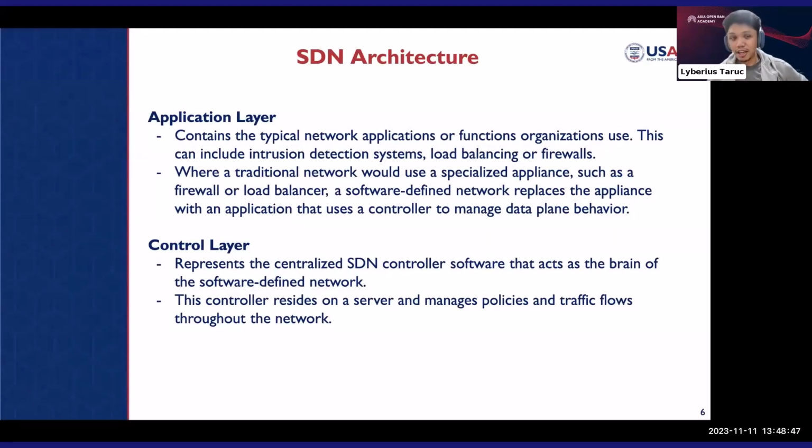So the application layer contains the typical network applications and services, examples of which are your load balancers, your firewalls, your DNS, your databases. Where a traditional network would use a specialized appliance such as a firewall or load balancer, there are some capabilities of the SDN architecture wherein these applications can already be embedded as part of the SDN controller itself.